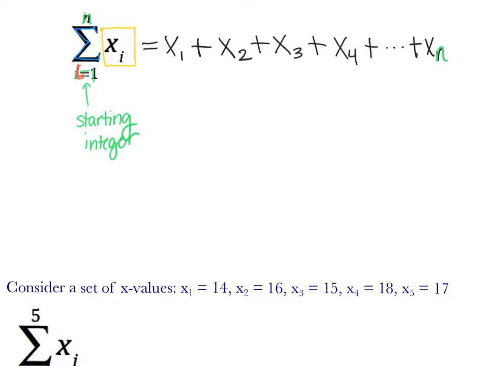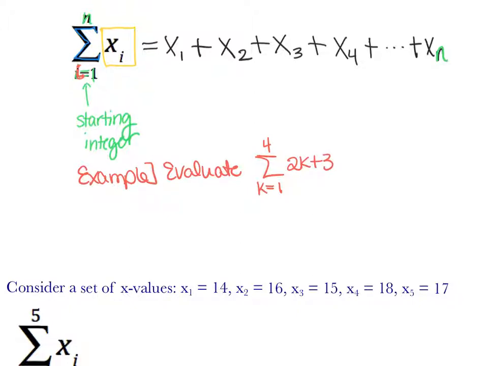Okay, let me make one up. So let's say, example: evaluate sigma, let's not do an i, let's do a k, k equals 1 to 4 of 2k plus 3. Okay, so let's take a look at what this means.